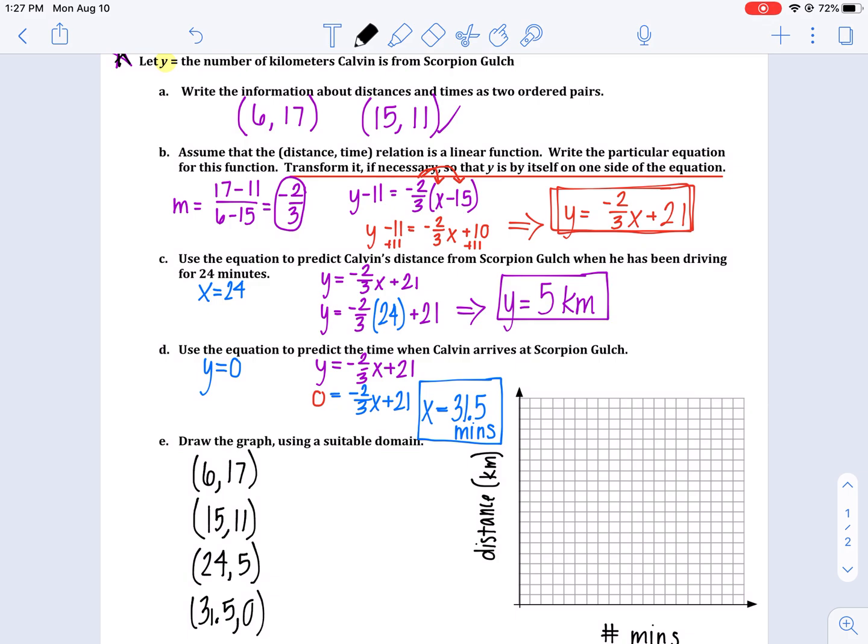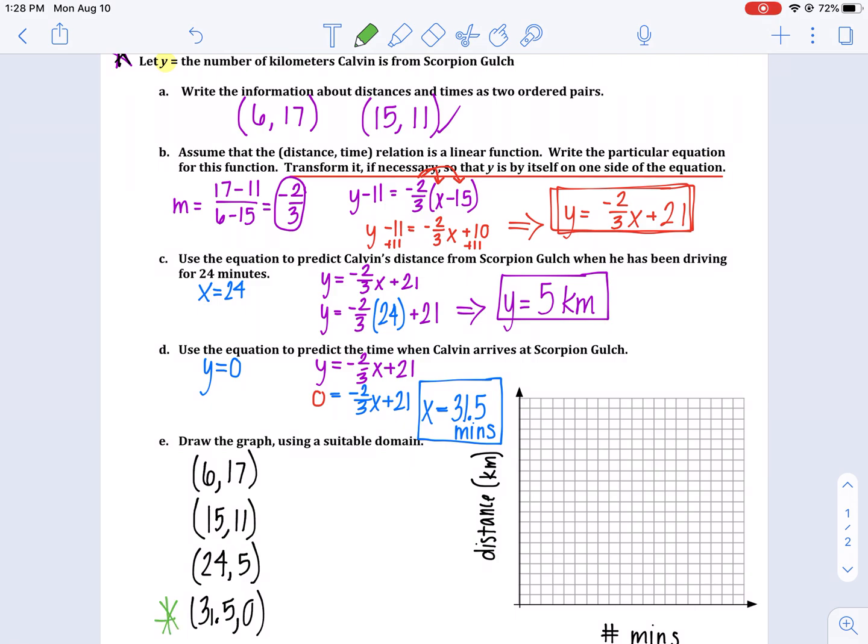Now it's important to scale, so don't make it super teeny tiny to the bottom left side. Don't make it too big where those points don't fit on your graph. It should be a very reasonable graph. Now the one other thing I'm missing here, I have an intercept. That's the x-intercept.